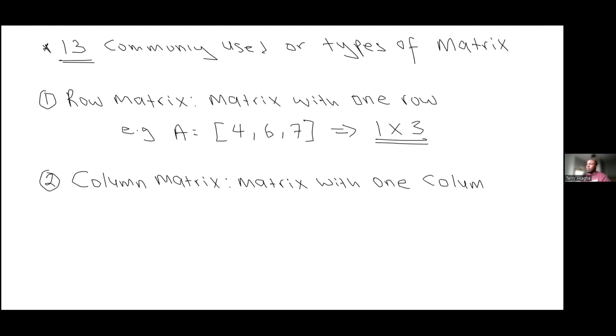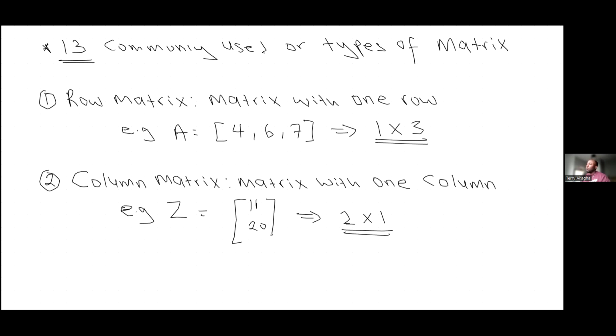For example, if you have a matrix, let's say Z, it does not really matter, we have this matrix 11 and 20. I made it 11 so somebody will not get confused. So this is a 2 by 1 matrix. You can see the number of columns is 1, the number of rows is 2. This is what we call a column matrix.